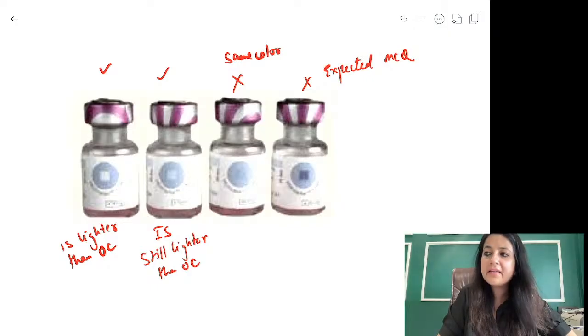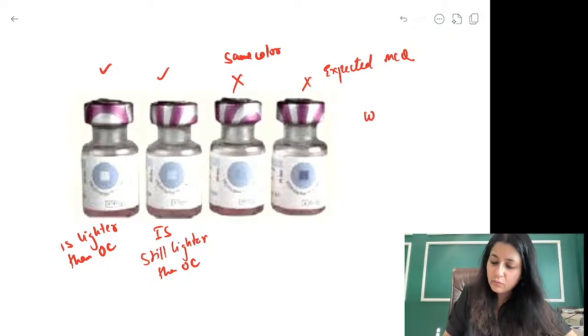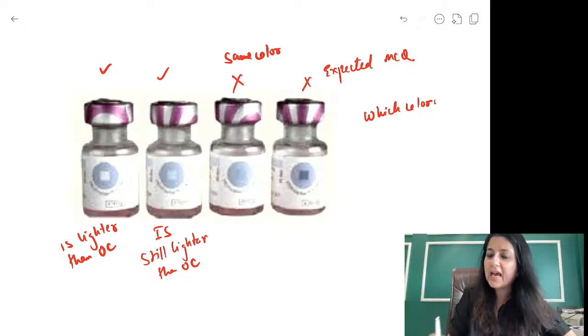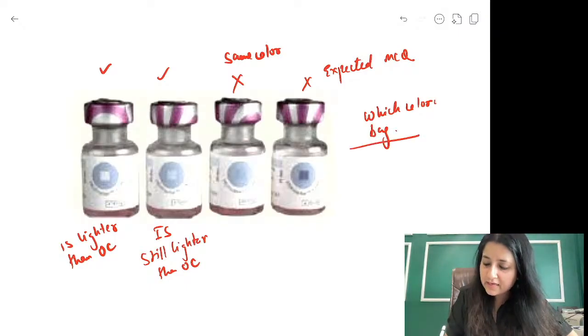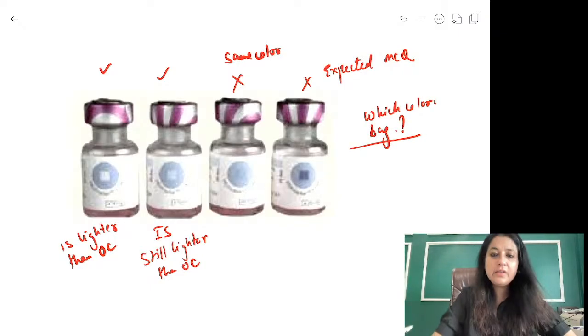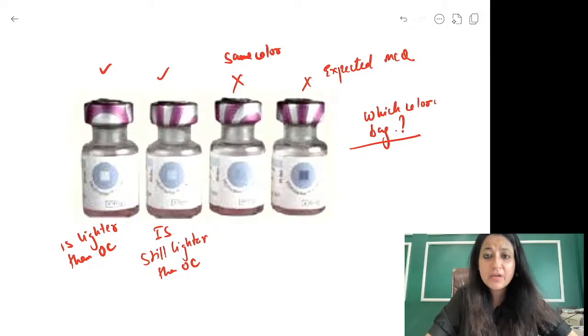And guys, where are you going to discard it? Which color bag? Everybody in the comment section. I'm going to give you a very high yield MCQ over here. Which color bag will you discard in: black, yellow, red, white, blue, whatever color you feel like?